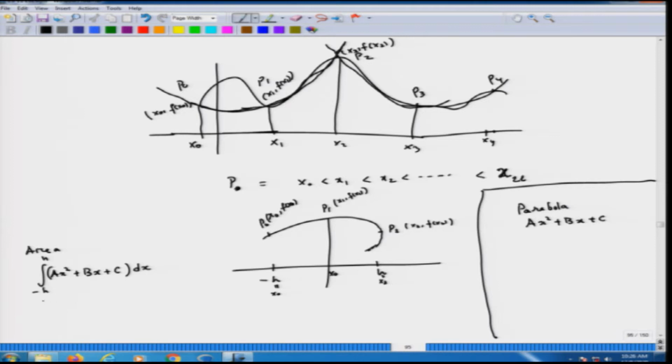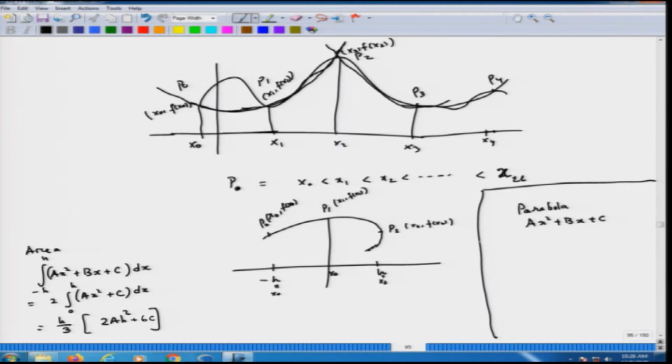Now, if we compute this, then this is twice the integral from 0 to h of a x square plus c dx, and this is equal to h by 3 times 2 a h square plus 6 c. This is the area that we have found.